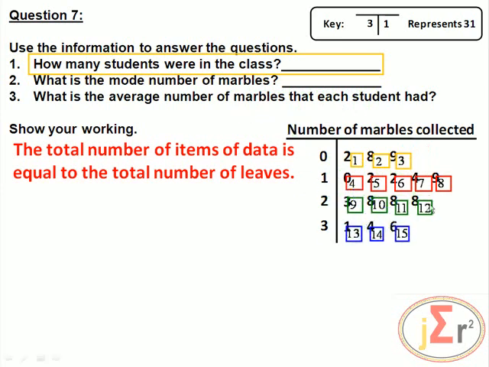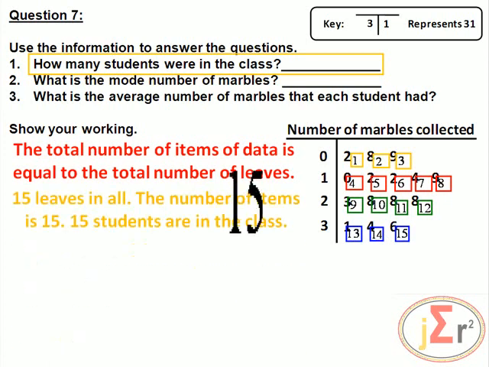We have here 1, 2, 3, 4, 5, 6, 7, 8, 9, 10, 11, 12, 13, 14, 15 leaves. So we have 15 items of data, and that represents the number of students in the class. 15 leaves in all. The number of items is 15. 15 students are in the class.